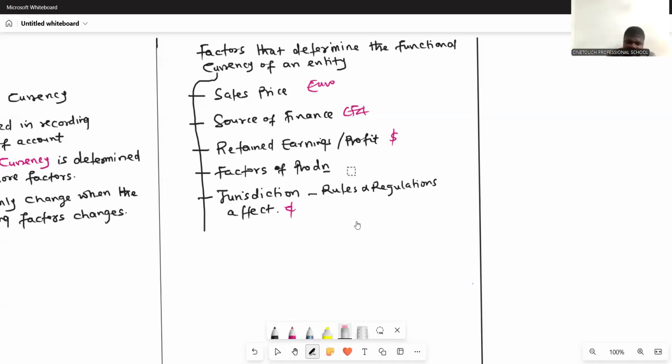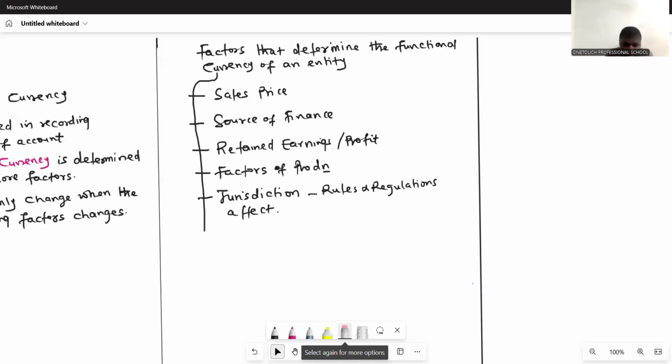Let's say this one too is Ghana cedis. Because the Ghana cedis, there are 2. Ghana cedis will prevail. Others are 1, 1, 1. Did you get it? Yes, sir. So it is not by choice. Functional currency is determined by 2 or more factors. So you cannot also change it until these factors change. Did you get it?